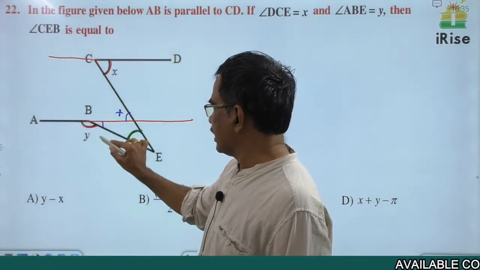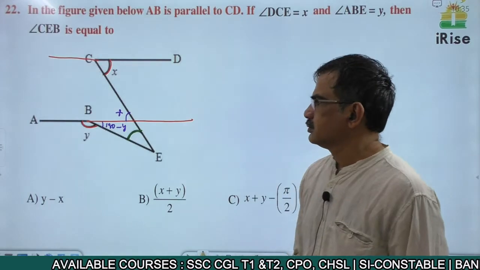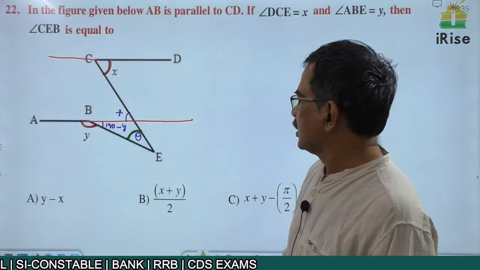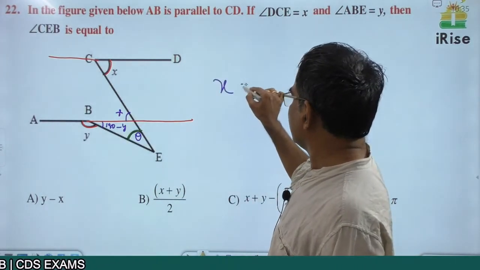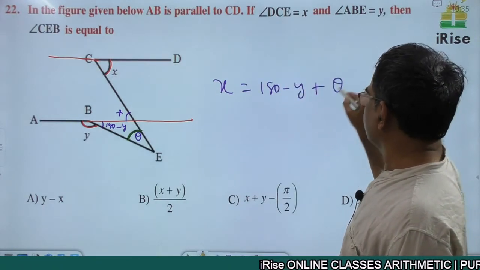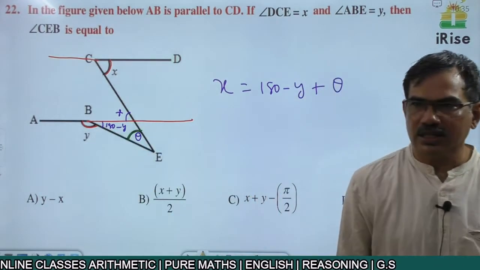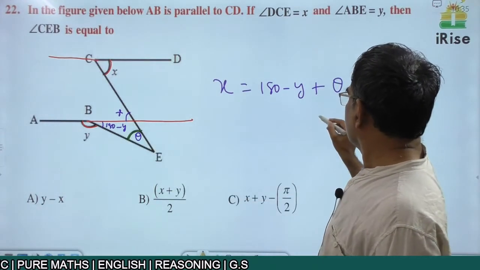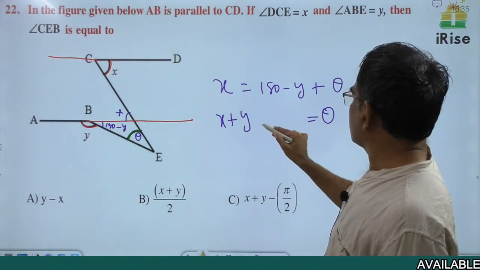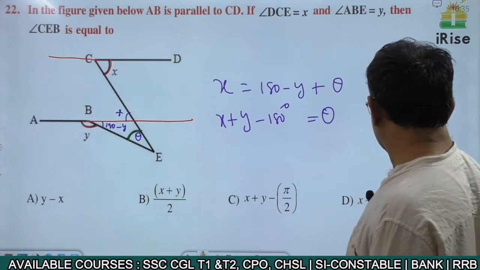If this is Y, then this angle is nothing but 180 minus Y. Let this angle be theta. The exterior angle X is equal to the sum of opposite interior angles, nothing but 180 minus Y plus theta. This is extended. So we have to find theta. Theta is equal to X plus Y minus 180 degrees.